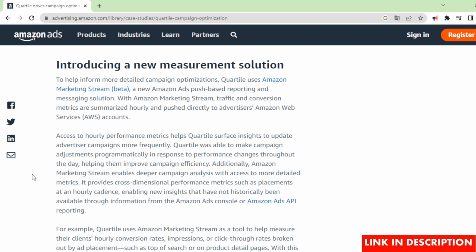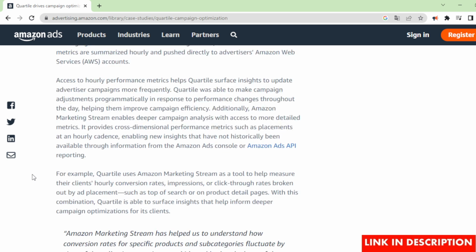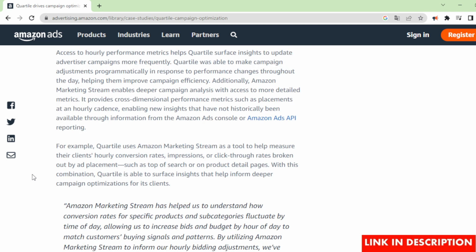Additionally, Amazon Marketing Stream enables deeper campaign analysis with access to more detailed metrics. It provides cross-dimensional performance metrics such as placements at an hourly cadence, enabling new insights that have not historically been available through information from the Amazon Ads console or Amazon Ads API reporting.